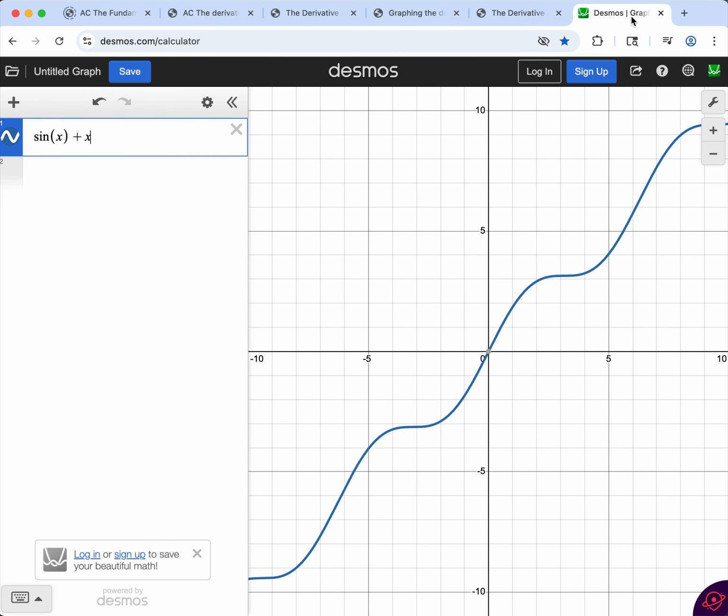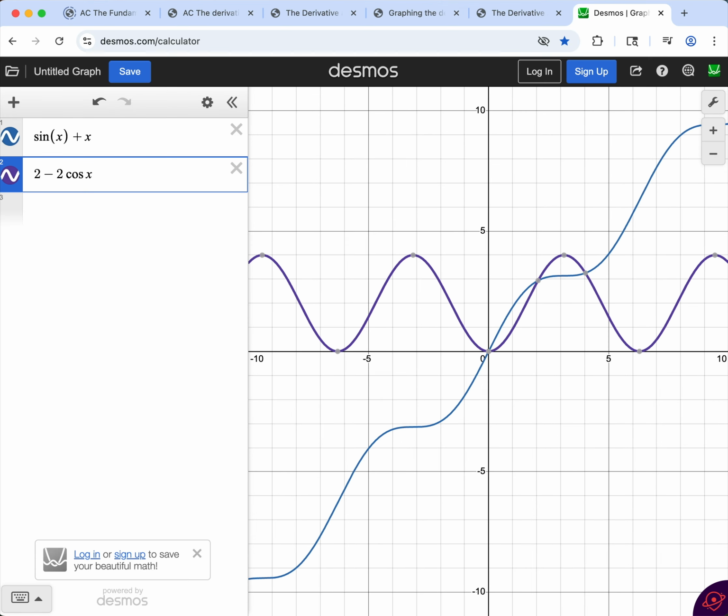So I'm going to go over here, and I'm going to try to draw a graph that goes from positive 2 to 0, to 0. So how am I going to do that? I think I want to do minus 2 cosine x.